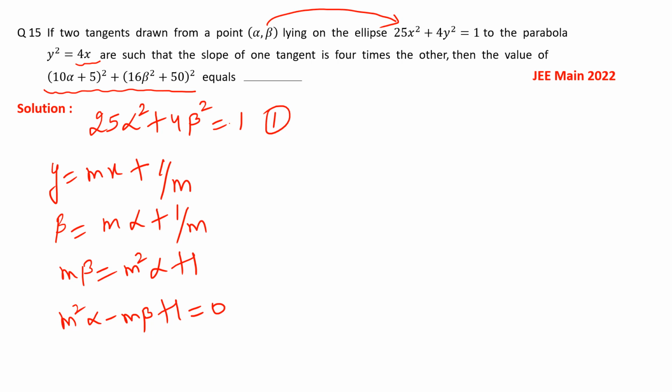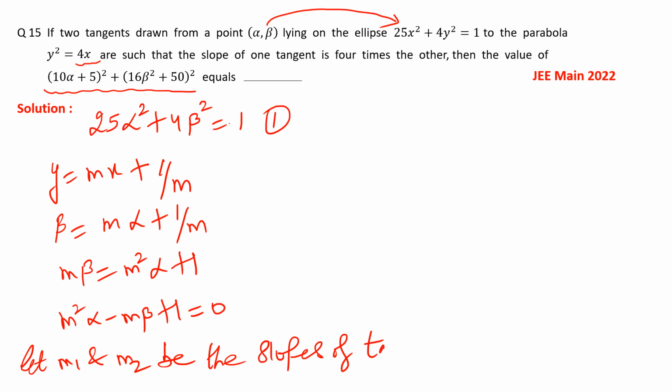Now since it's a quadratic equation in terms of m, so this clearly indicates there are maximum 2 possible tangents that can be drawn from the point alpha comma beta onto the parabola, right? Now for this purpose, I can say let m1 and m2 be the slopes of the tangents that can be drawn from this point alpha comma beta onto the parabola y square equal to 4x.